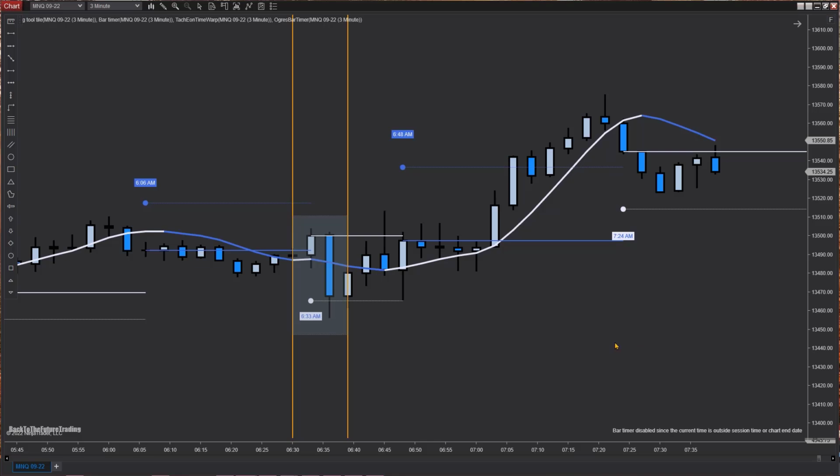And what we're looking for are closes above the open price line, and the open price line is this blue line here for blue signals, and this white line here for buy signals. And to confirm the trade, let's just go one by one.